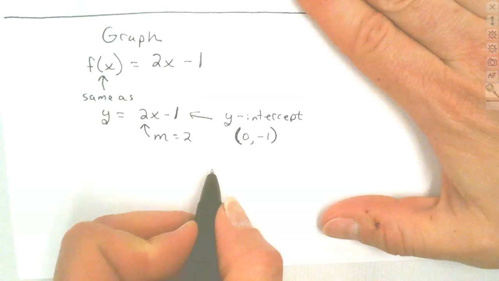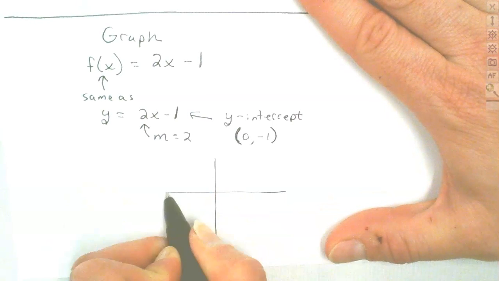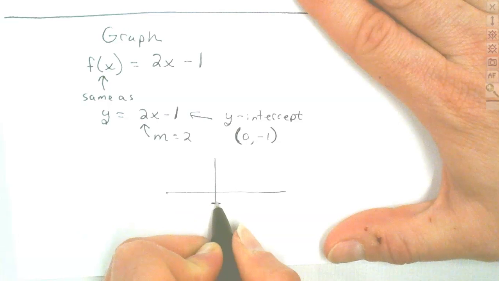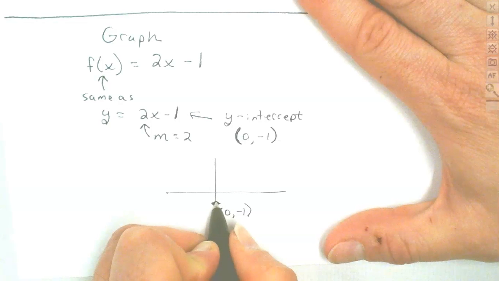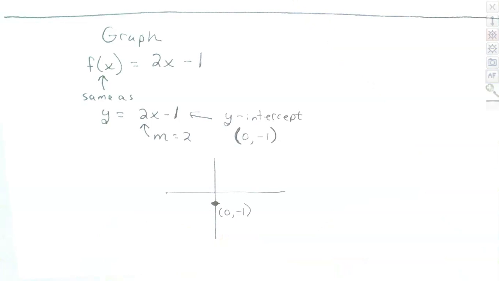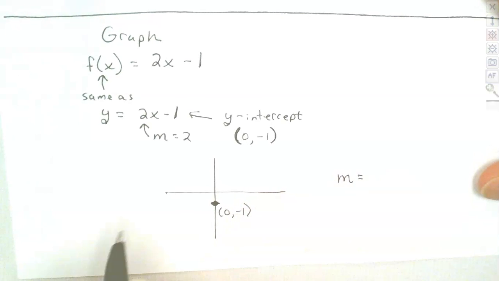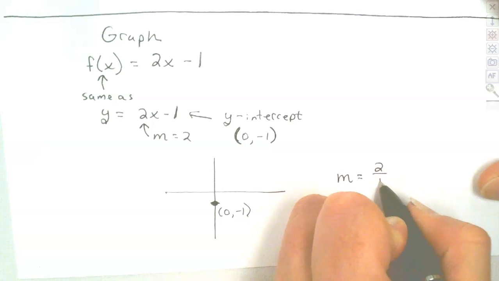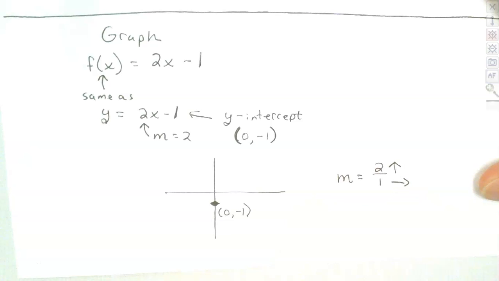So we'll start with our y-intercept, which is at (0, -1). So that's right here. Just like we did a moment ago, we plot our point first. And then what's our slope? Well, our slope is 2, so I'm going to write that as 2 over 1. So that means we're going to go up 2 units and over 1 unit.